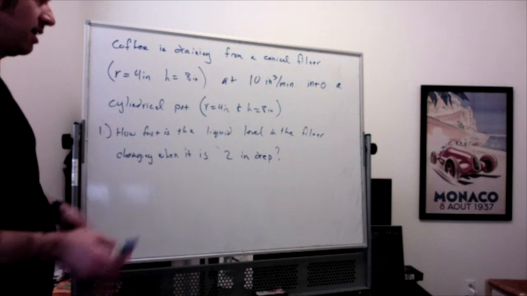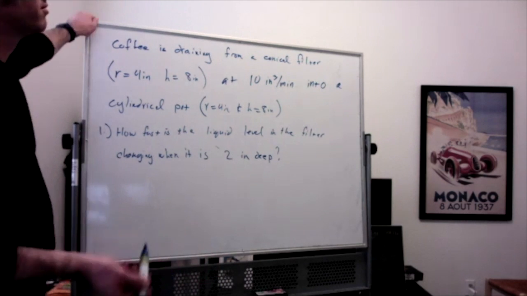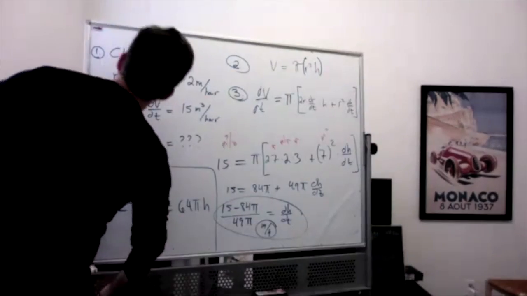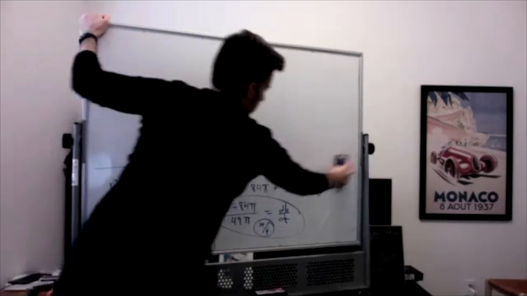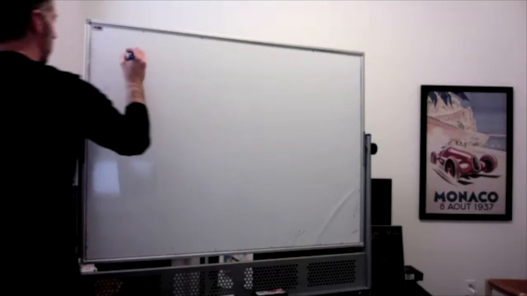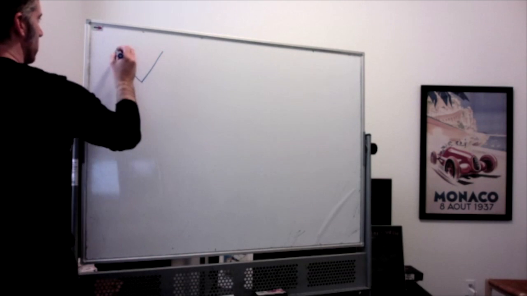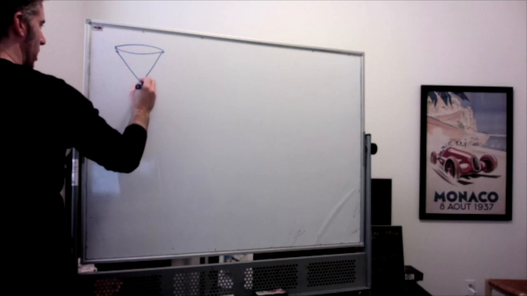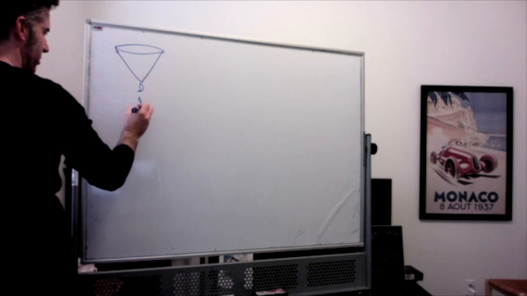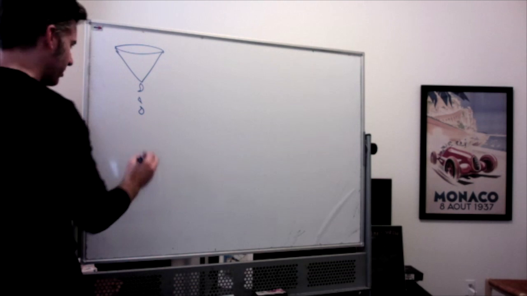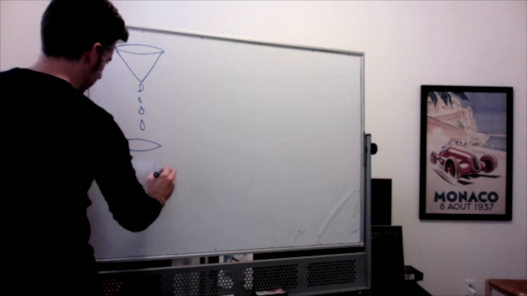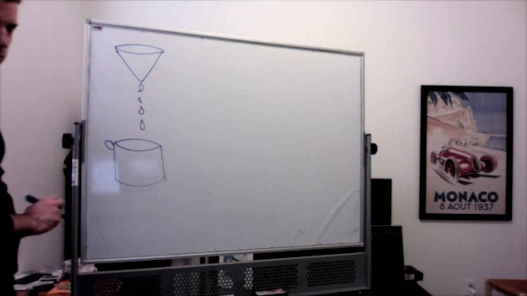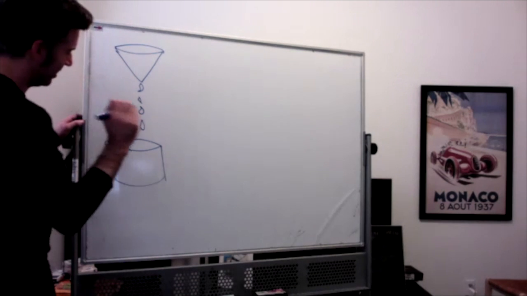All right, let's draw a picture. I long for board space. So here's my picture. I've got my cone, and it's dripping coffee into the cylindrical pot.